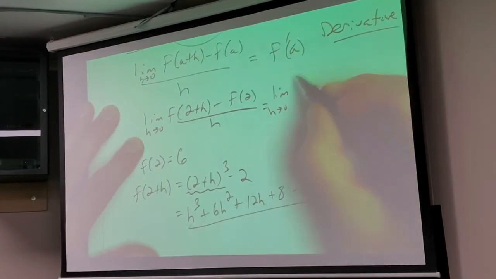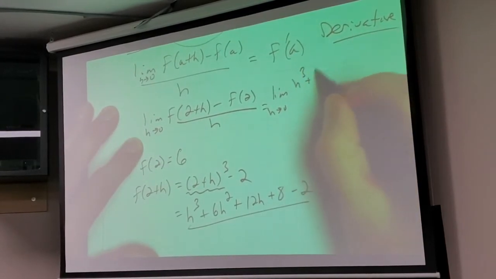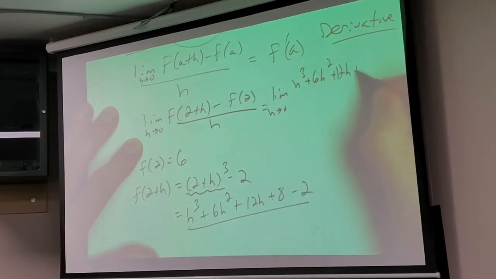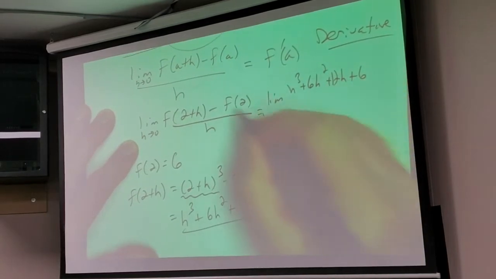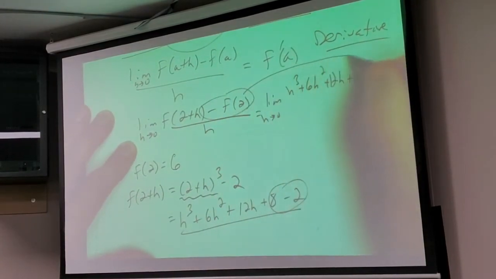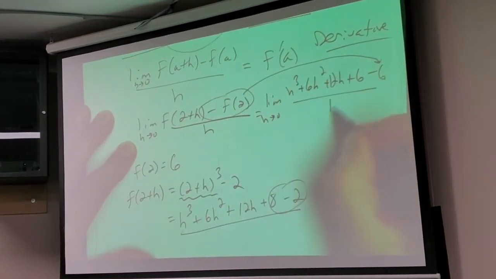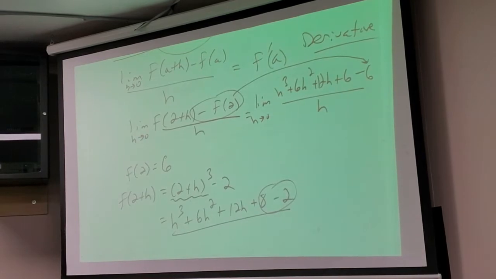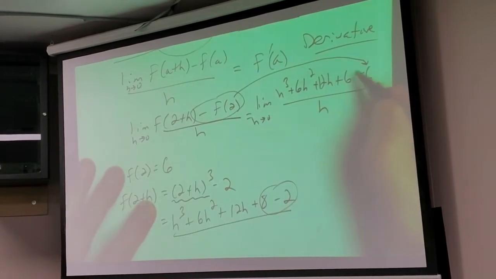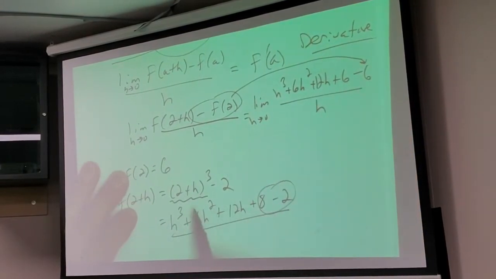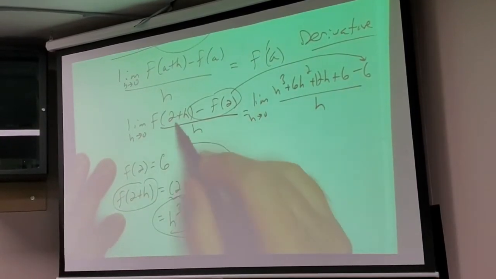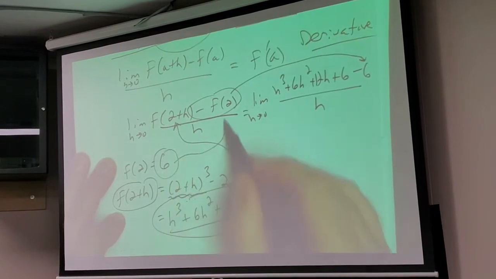Let me put all this stuff here. h cubed plus 6h squared plus 12h plus 6, minus 6. Do you see how the only thing that didn't have an h cancels? So is everybody with me? All I did was put this where it goes, and I put this where it goes.